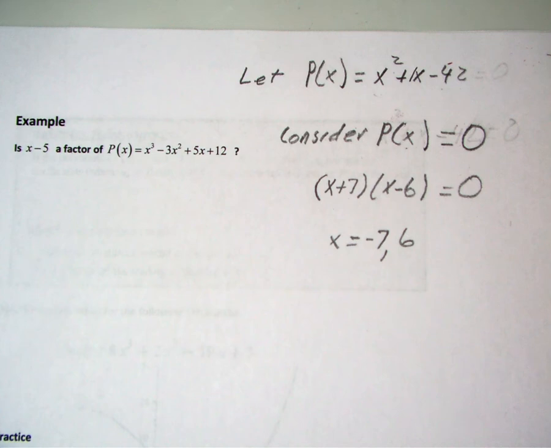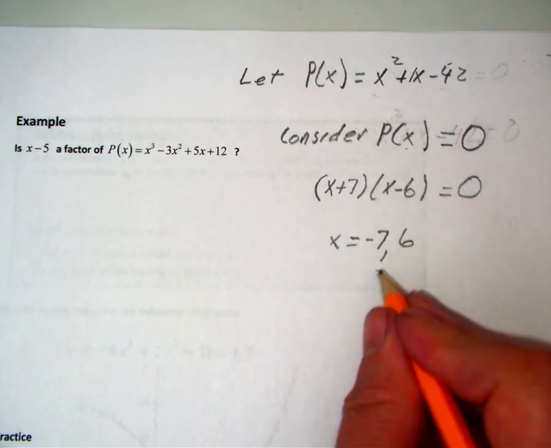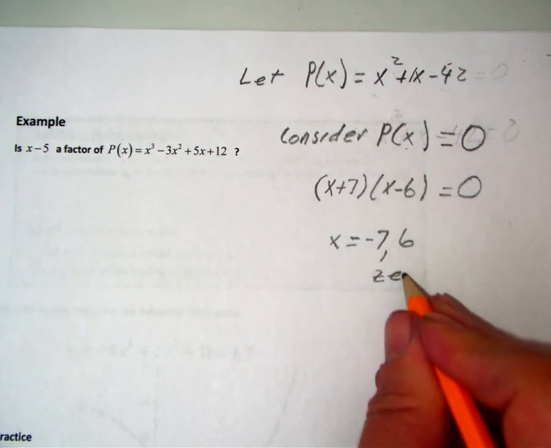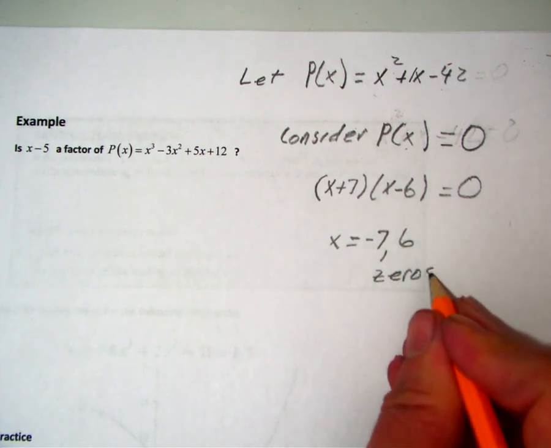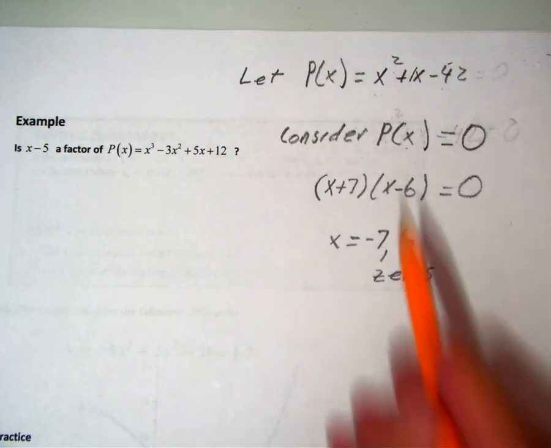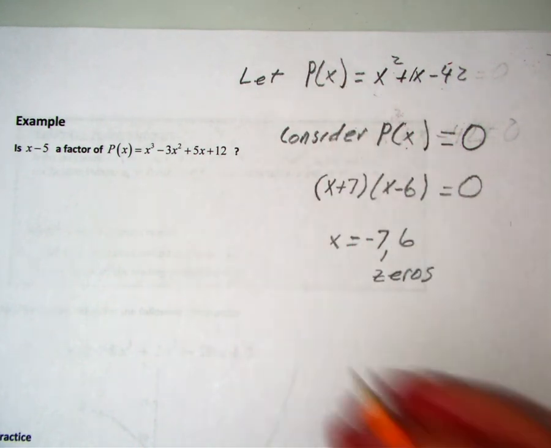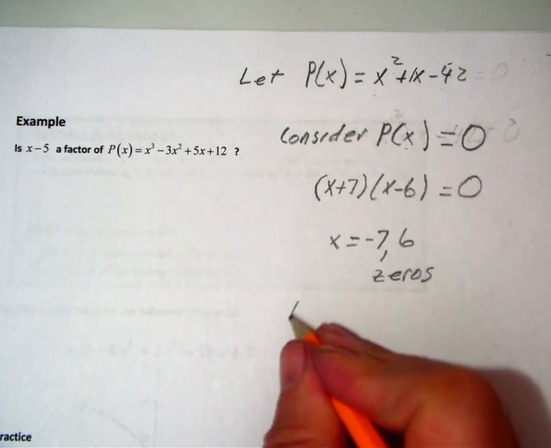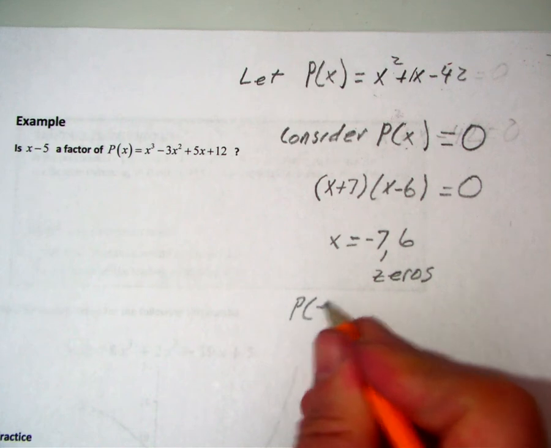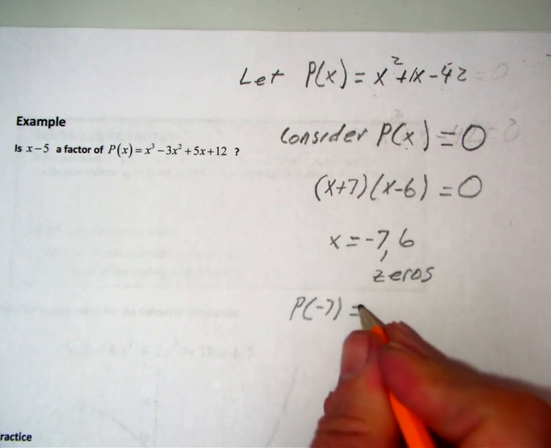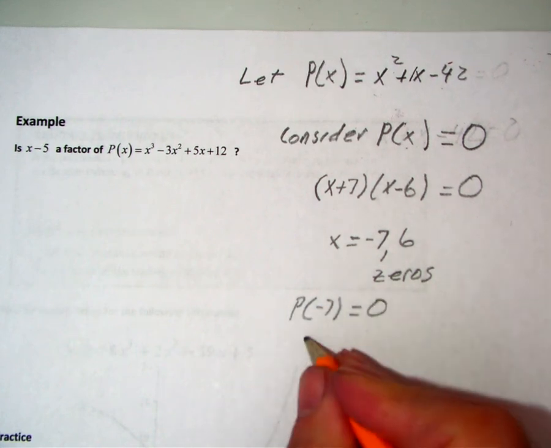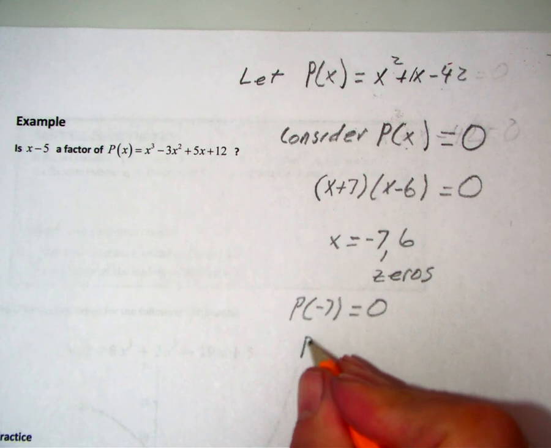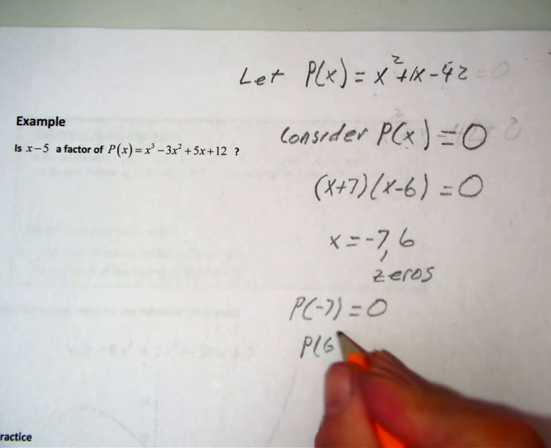They're the zeros. In other words, we call these values zeros, folks. It's kind of confusing, but they're values that make the entire polynomial equal to 0. That is, P(-7) = 0, and also P(6) = 0.